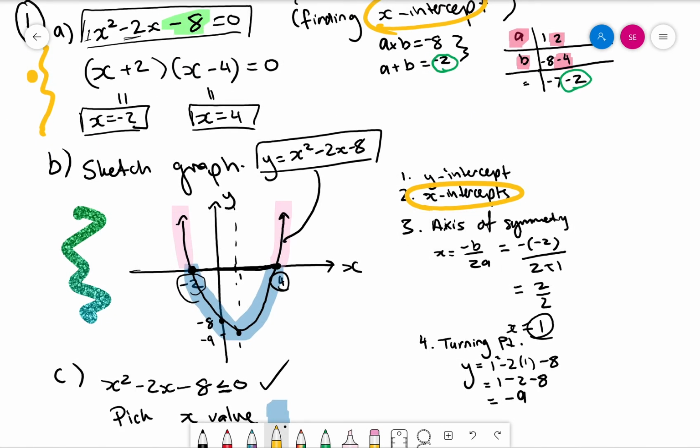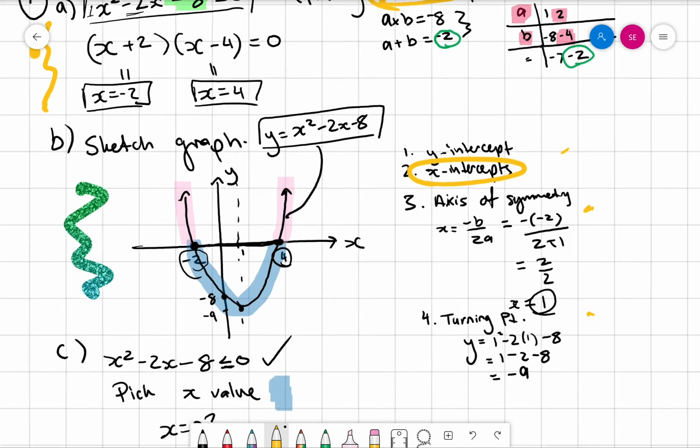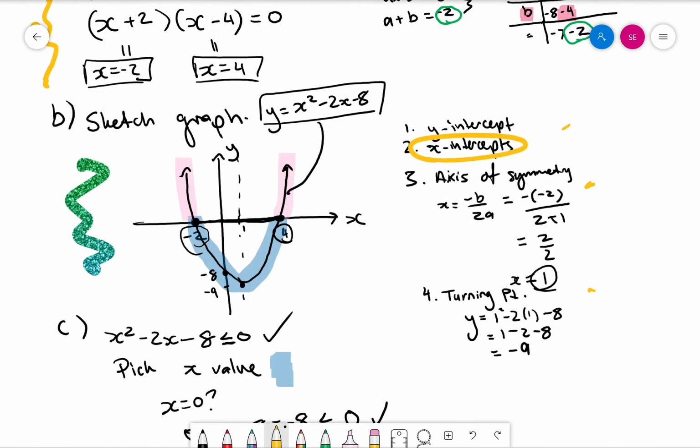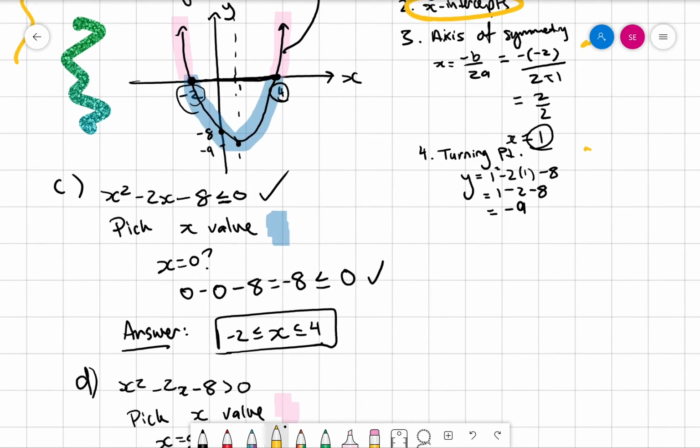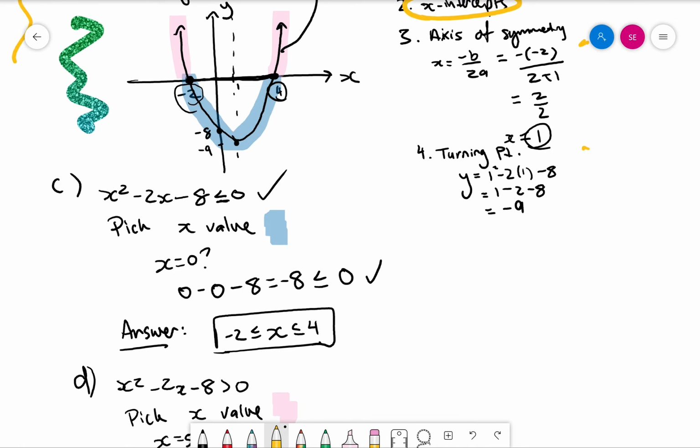Well, you just got to do the other 3 parts of the process. We've done step 2, now you just got to do step 1, step 3, and step 4. And then you just have to look at the graph. So the first 2 steps, A and B, are literally just sketching a quadratic equation. And then now you just need to be able to look at the quadratic equation and color in the appropriate bits.